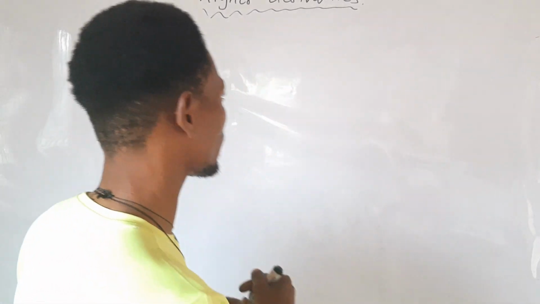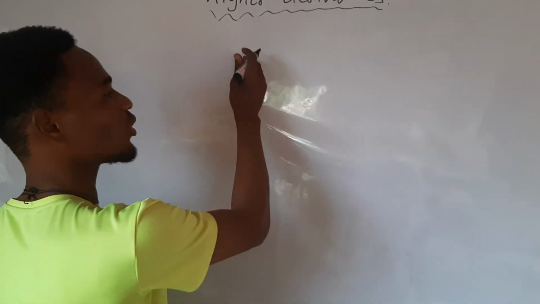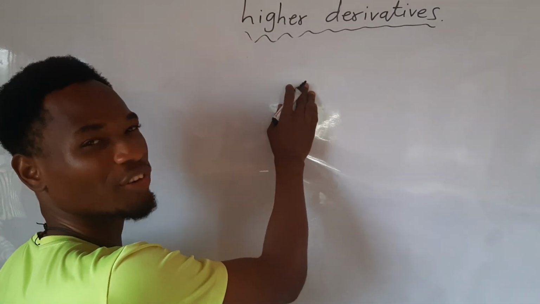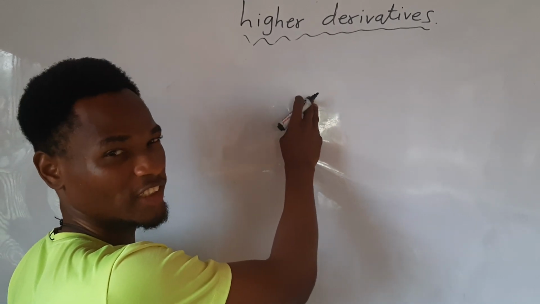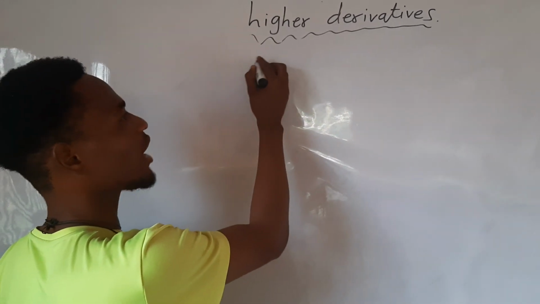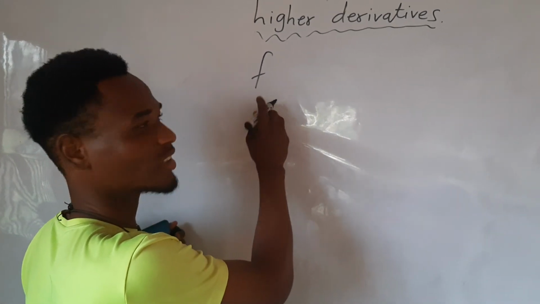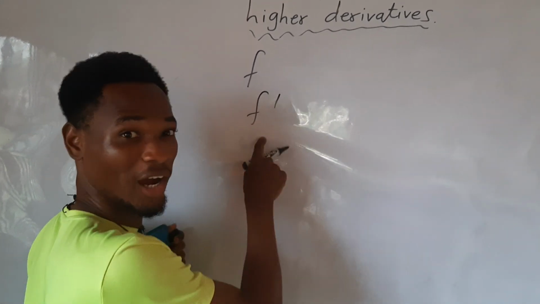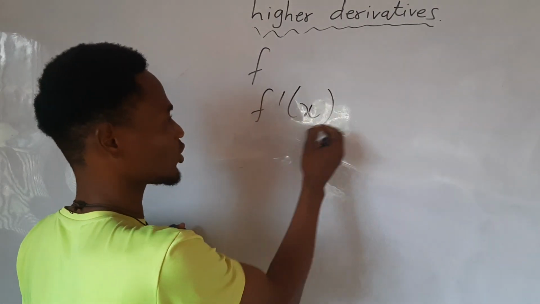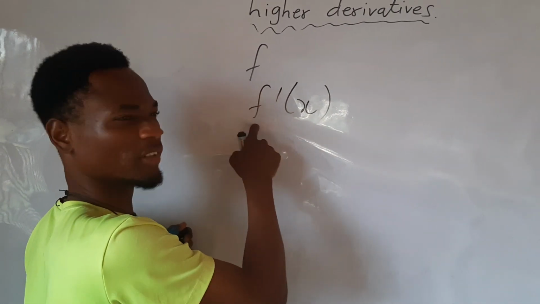Remember I told you that when you have y, a function, when you differentiate, you get dy over dx. Now, when you have a function f and I differentiate f, it becomes f prime. This means I've differentiated f.